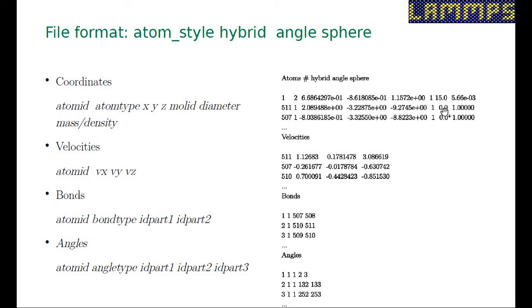In this case, we have 0 here because the angle and the bond particles have no diameters. So these are just point particles. So this is why here we use 0. And 15 is because this is the diameter of the spherical particle, but 0 for the bond or the angle particles.